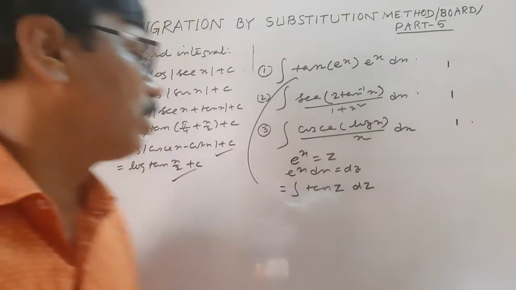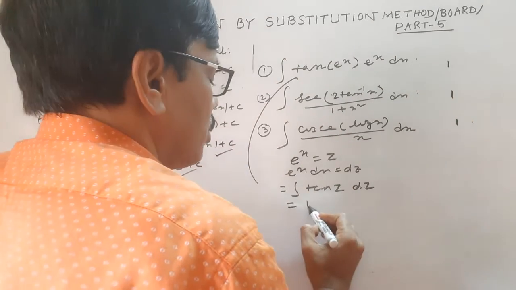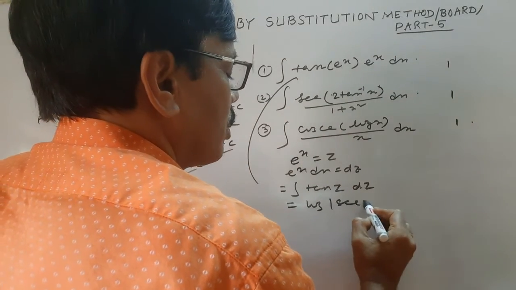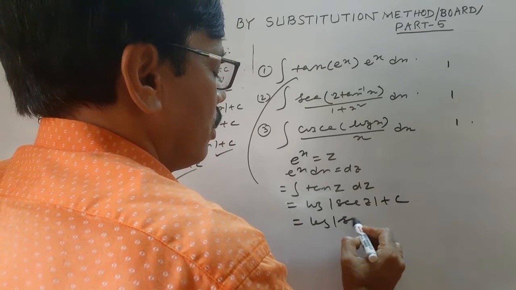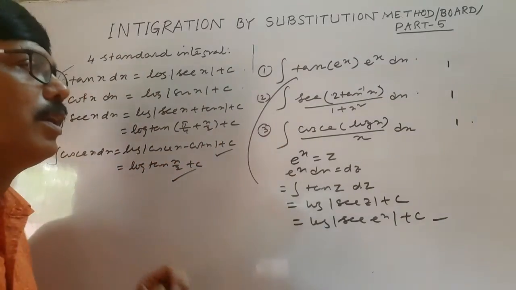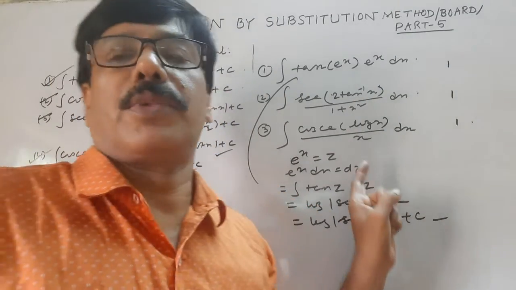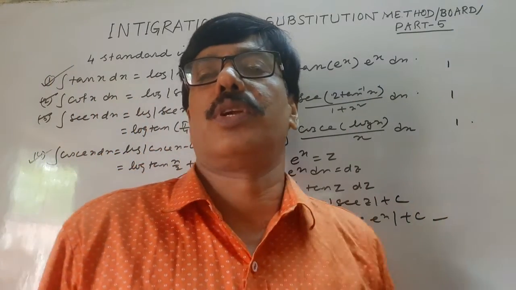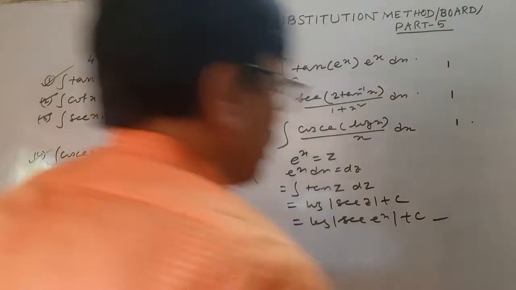We do not give the proof of this, so use the direct result. This is log sec z plus c, so log sec e to the power x plus c. Initially it is not in standard form. By putting some transformation, you can put it in standard form. So this is a 1 mark problem.